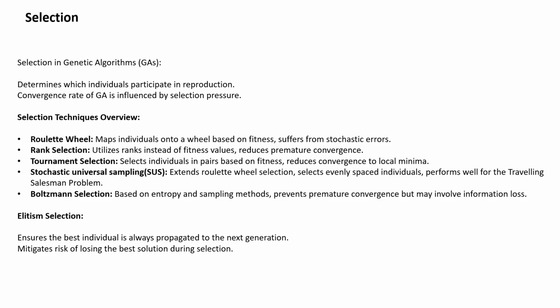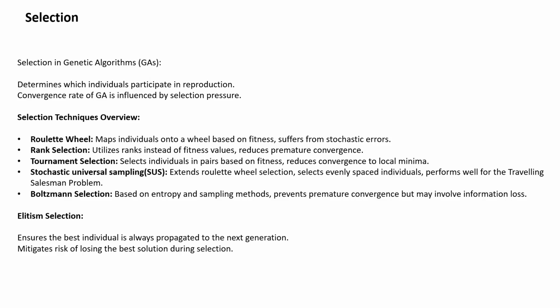So basically, if your global minima is very near to the solution, it has a tendency to converge to that, but it may not be the global optimum solution. Rank selection reduces this premature convergence, and tournament selection selects individuals in pairs based on fitness and reduces convergence to local minima.